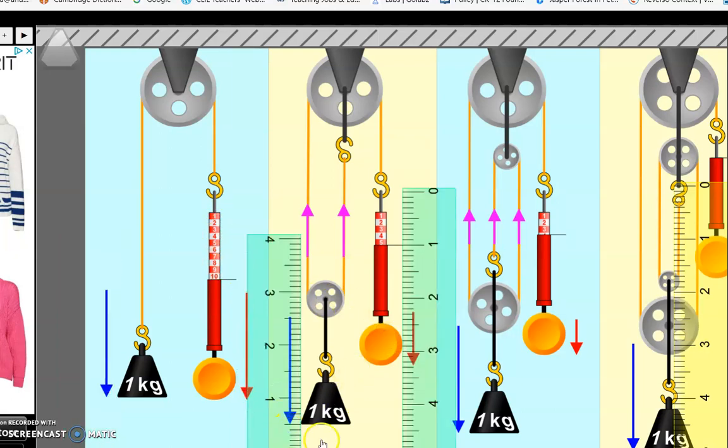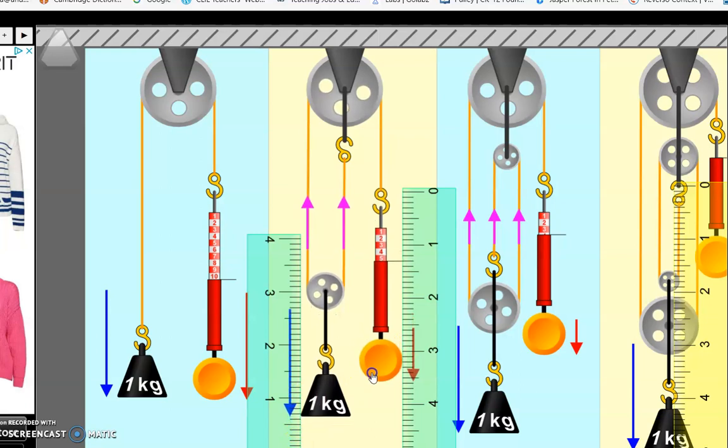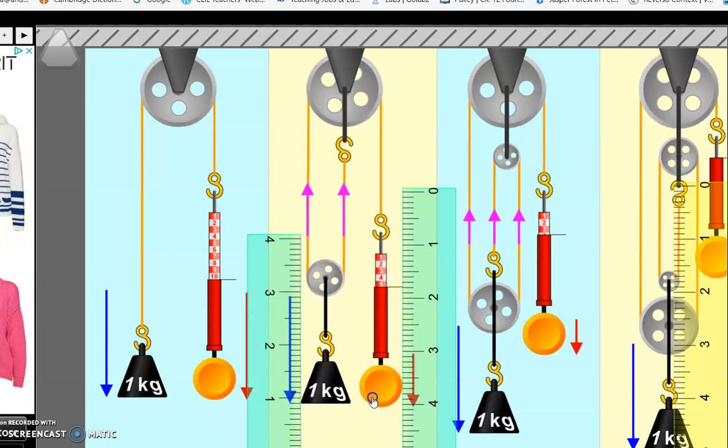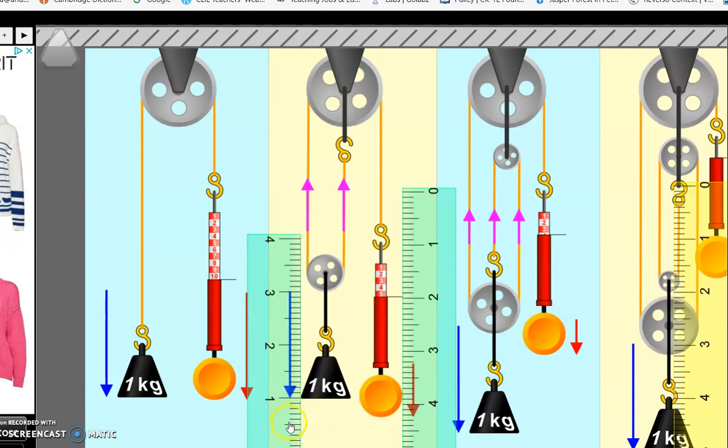And look at this one. I want to lift the object 1 centimeter. Sorry, not meters, centimeters in this case. So I'm going to pull it down. Here I have 1 centimeter, and here I have 1 centimeter, and look at that, I have to pull 2 centimeters down here.